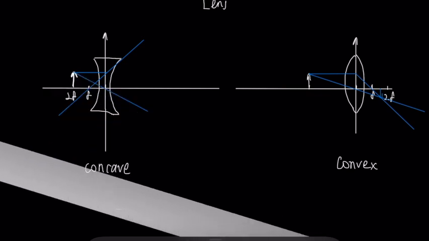It will form here, same thing. So it's upright, and because it's upright it's virtual, and it's diminished. I don't need to explain too much here. It's very simple.